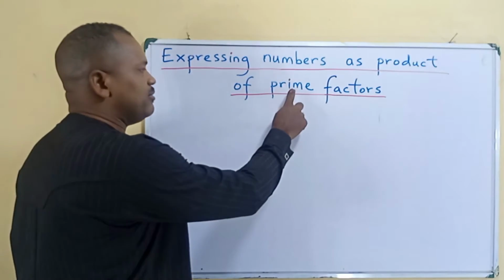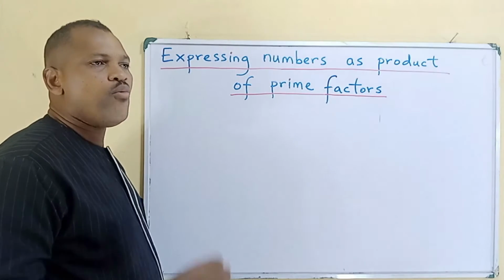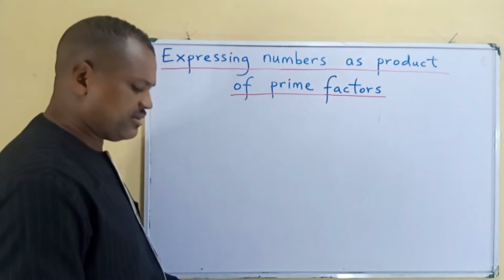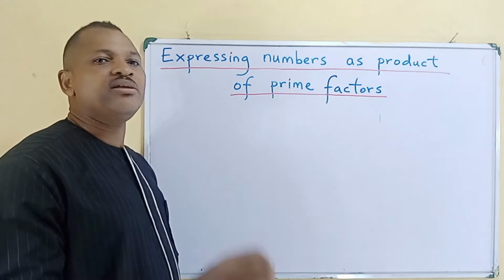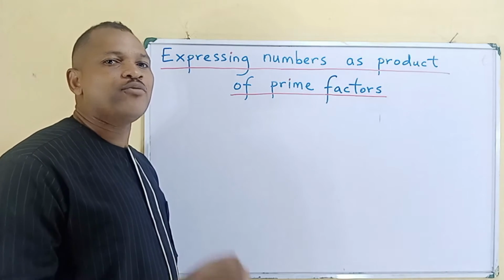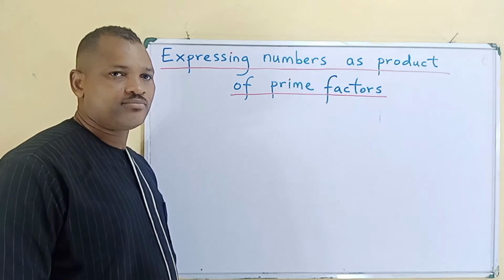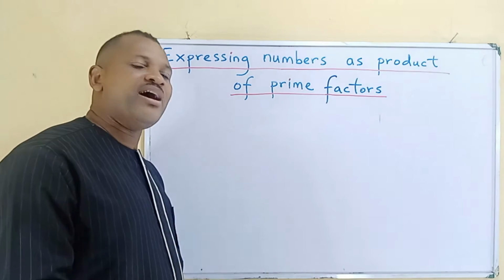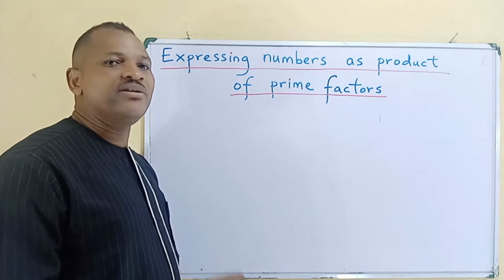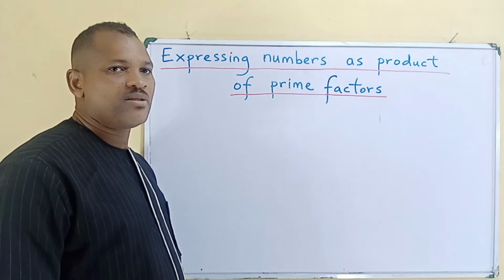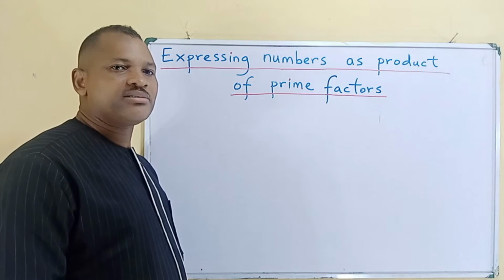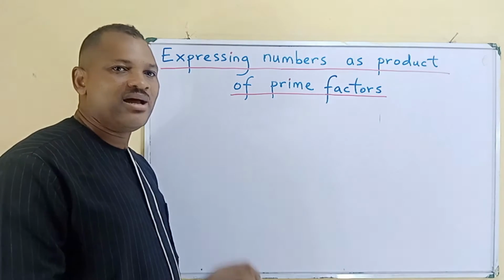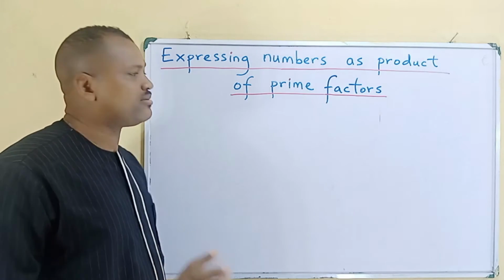Let's start with prime numbers. What are prime numbers? Prime numbers are simply numbers that have only two factors. In other words, only two numbers can divide into them without leaving any remainder. Prime numbers are numbers that can be divided by only one and themselves.